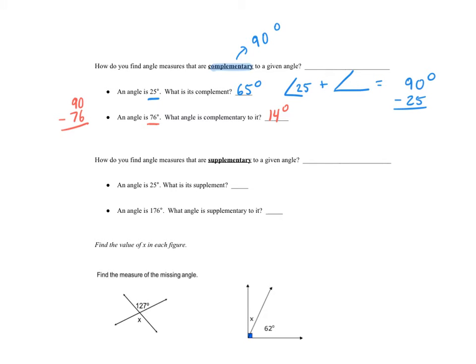My next part here, how do I find my supplementary angles? I need to figure out that supplementary angles add up to 180. So you could have written subtract from 180. Same way up here, you would have said subtract from 90. So if I have an angle here that's 25 degrees, what's its supplement?